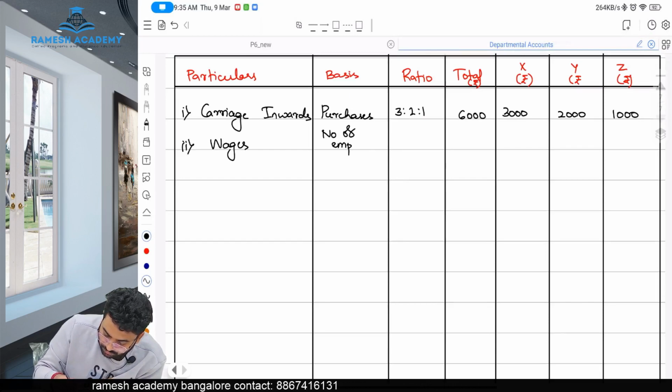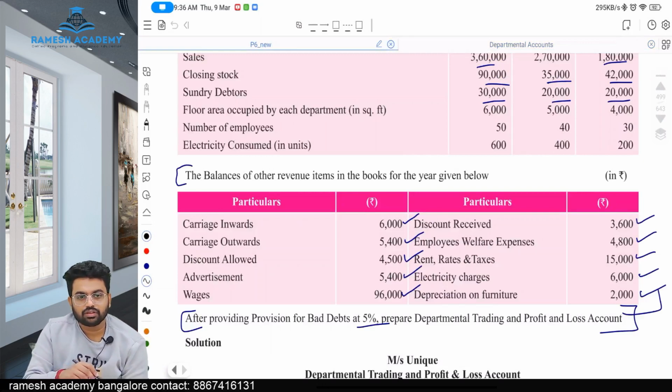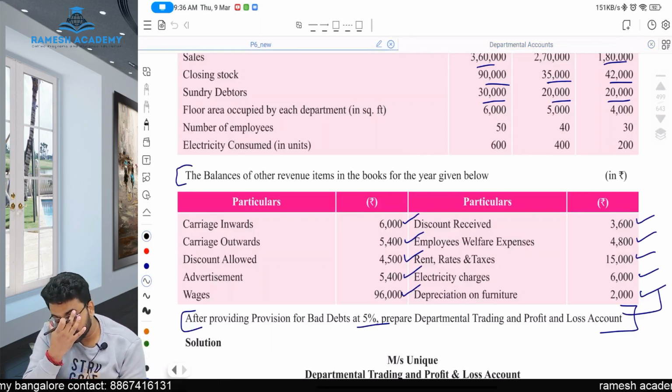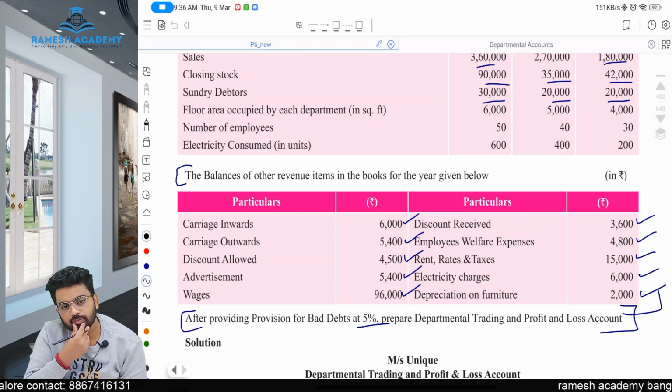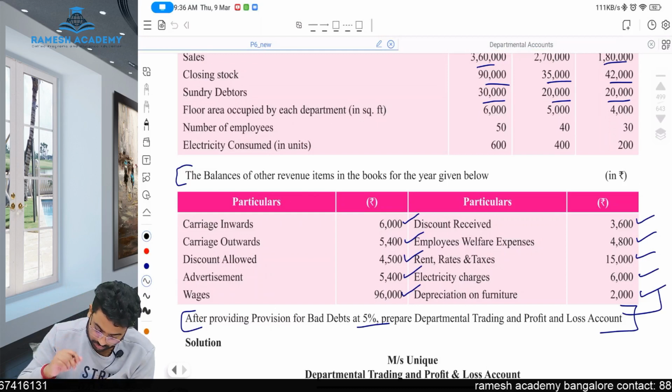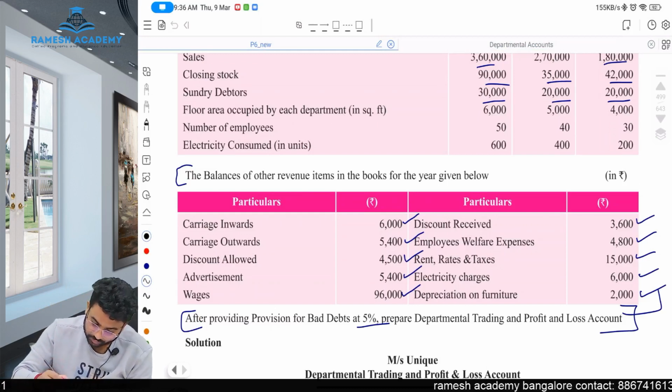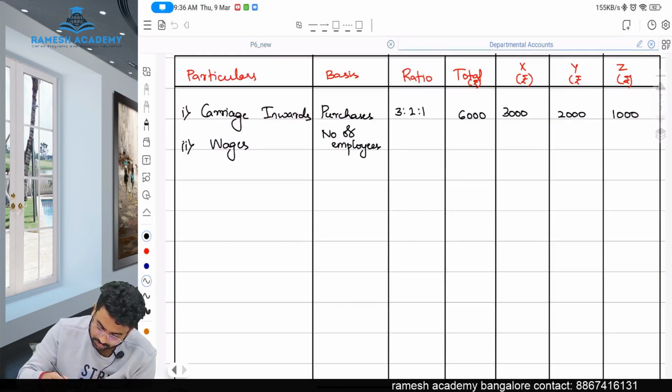If the number of employees was not there, what would be the next basis, sir? It might depend upon the cost of goods sold. What is cost of goods sold? Opening stock plus purchases minus closing stock. Okay, fine. The total is 96,000. What is the ratio?